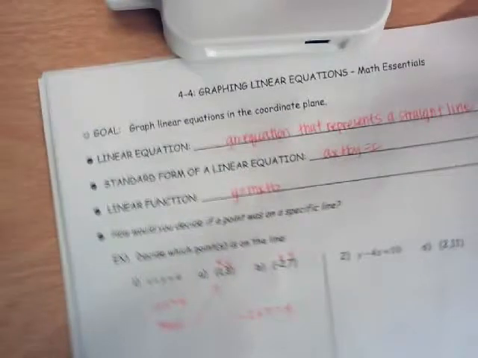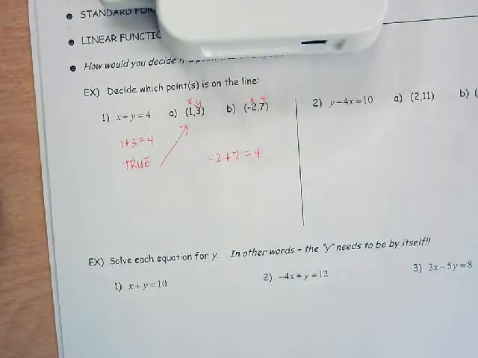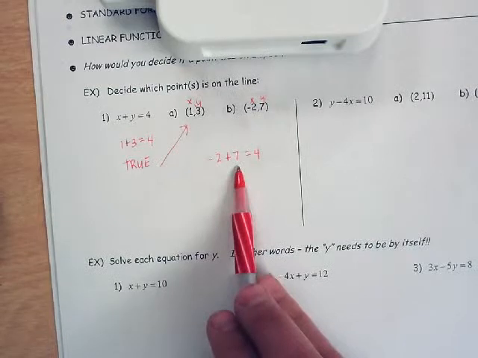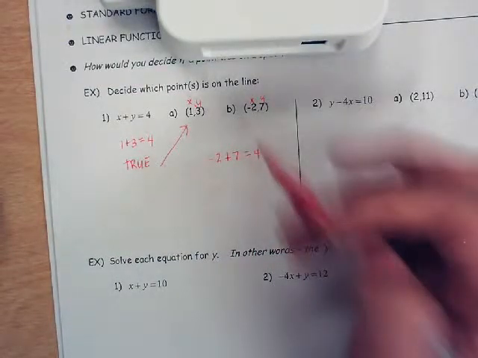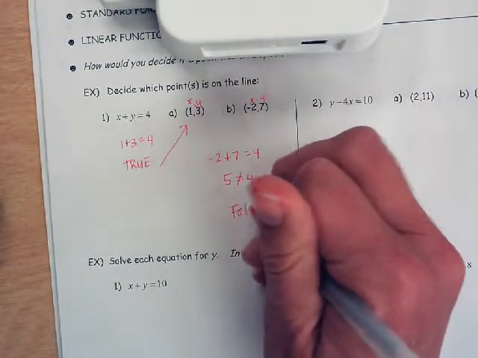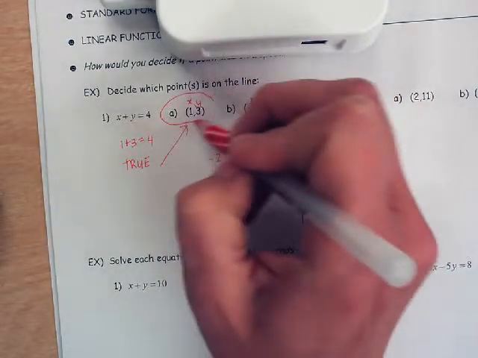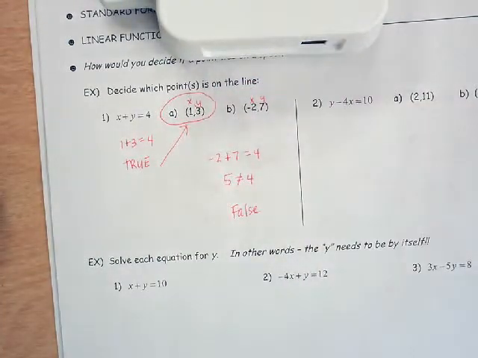I'm going to adjust this a second, see if we can get a better picture. Okay, negative 2 plus 7 is 5. That does not equal 4. So this is false. So this point is on the line, this point is not.